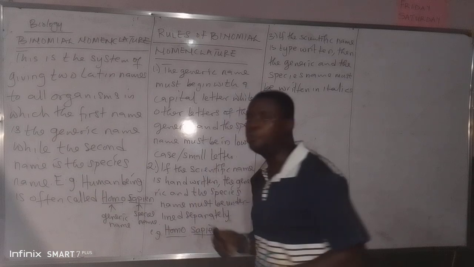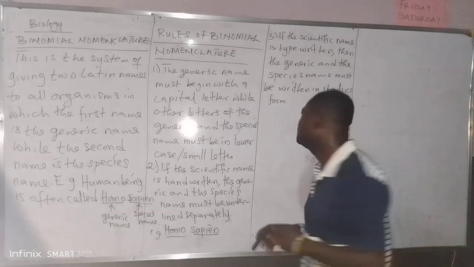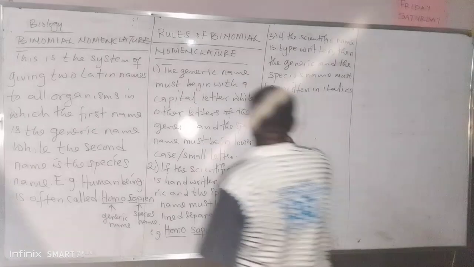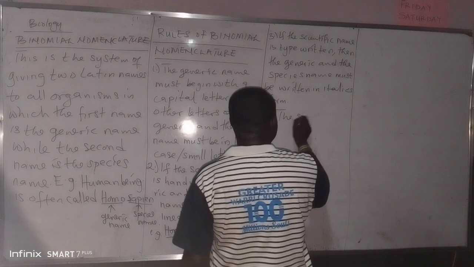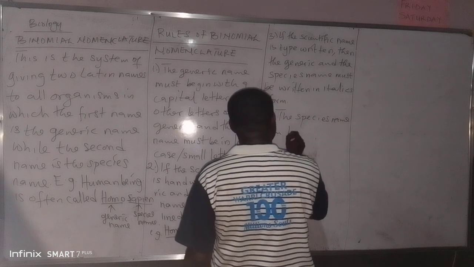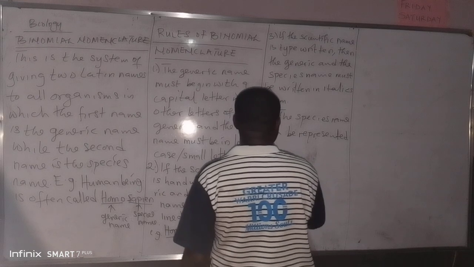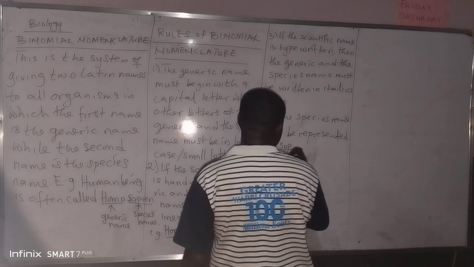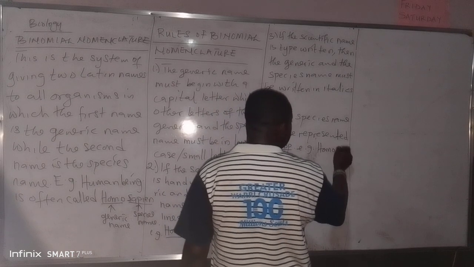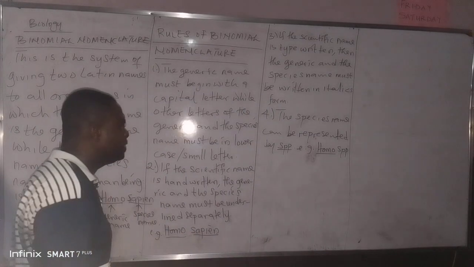Those of you that are conversant with computer, you highlight and press Ctrl I. All the letters will bend like this. So you don't need to underline them separately. Take note of that. Then number 4, the species name can be represented by spp, which means species, e.g., Homo spp. So that is it.